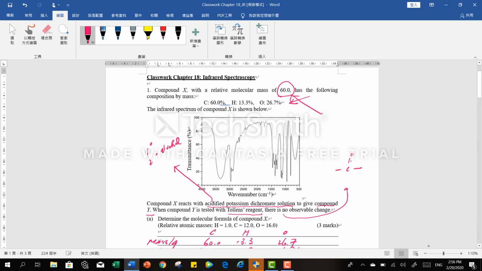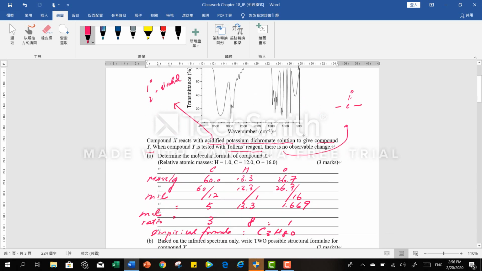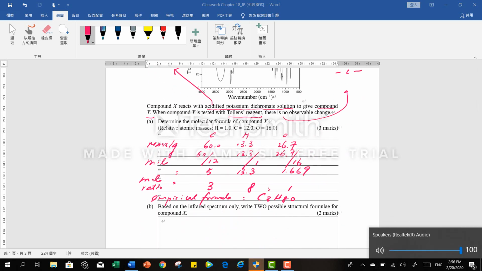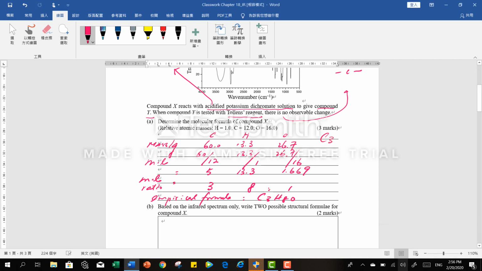Now, you have to show the steps to work out the molecular formula first, because the molar mass is given as 60, right? Can you see the molar mass is given? So what we can do, same as what we did, we try to assume that it is (C3H8O)n. Then we try to find out n, okay? So n will be equal to the molar mass divided by the empirical mass.